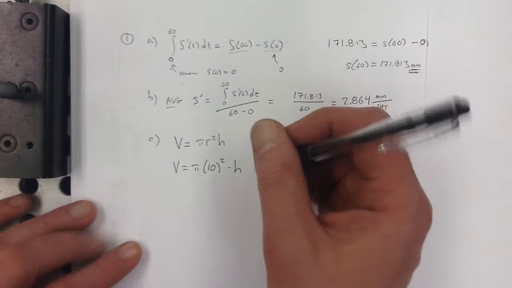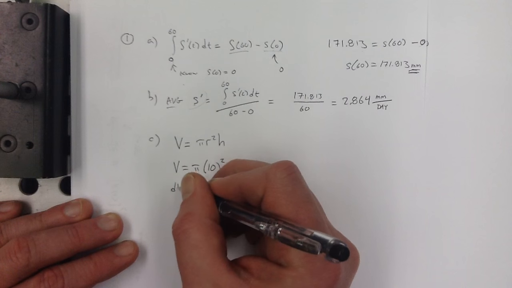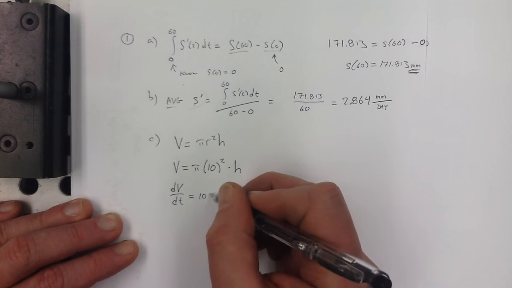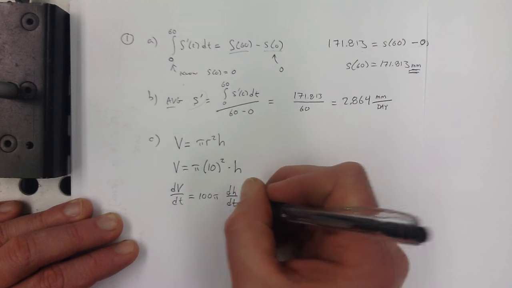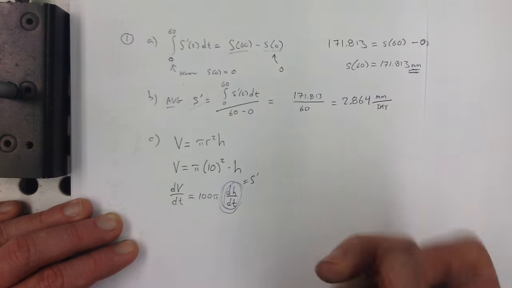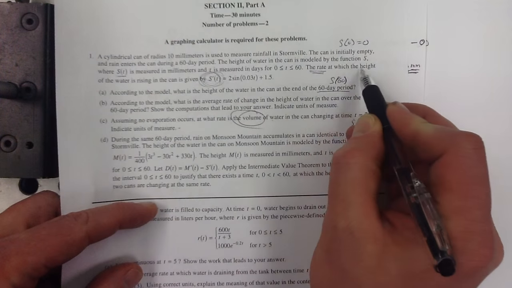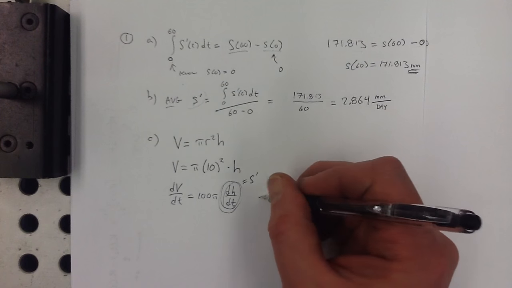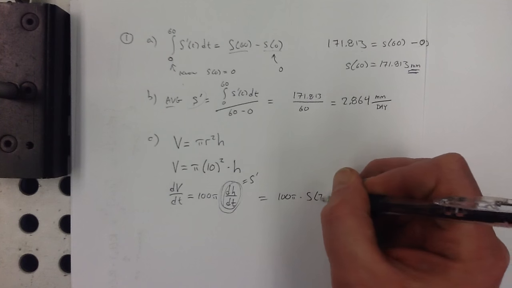And if I take the derivative of this, that would give me dV/dt is equal to 100 pi, that's just a number, times the derivative of h, dh/dt. But the rate that the height is changing at, this is s prime, right? That's what that function is. Remember, the rate at which the height of the water is rising, that is s prime. So I think what we want to do is 100 pi times s of 7.